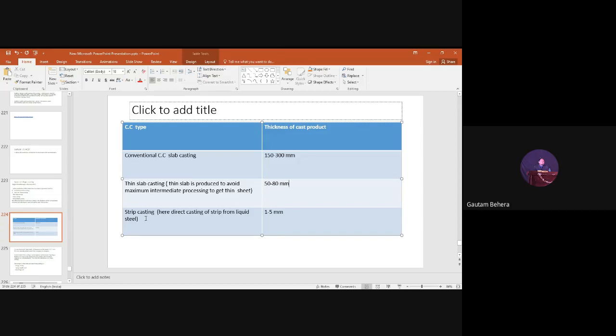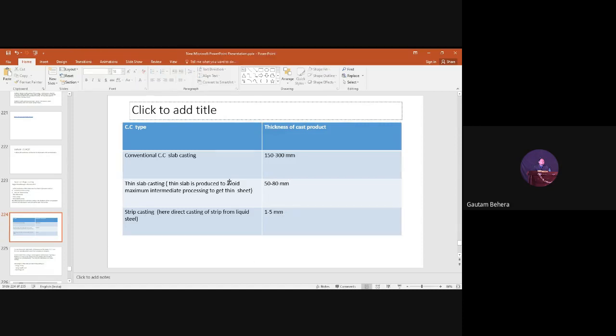But if we are generating a strip directly from the molten steel, we are getting a thickness of 1 to 5 mm. You can compare this thickness with the steel sheet which is used for manufacturing of the car. You understand now, it is close to that 1 to 5 mm, because as I told, the thickness of the sheet used in the manufacturing of the car is 0.77 mm to 3.3 mm or 3.5 mm maximum.